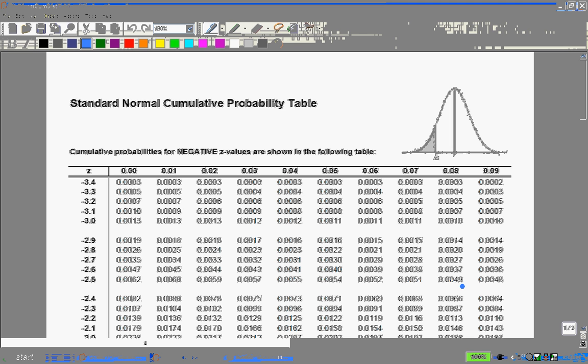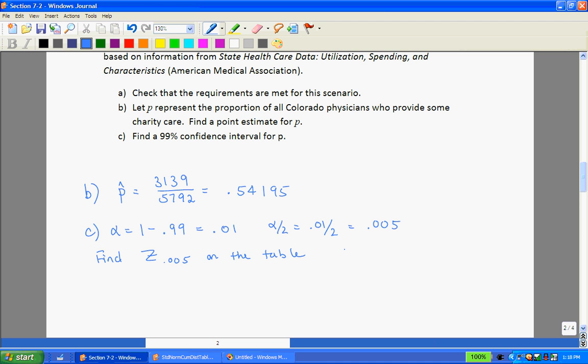But if we look back over to the side, we'll see that we're at negative 2.57 or 2.58, and some people would even go in the middle here and say 2.575. So I'll let you make that decision. I think I'll go with that middle value. So our Z score, 0.005, is negative 2.575, and we also have it on the other side, so positive 2.575, but we'll use the positive value.